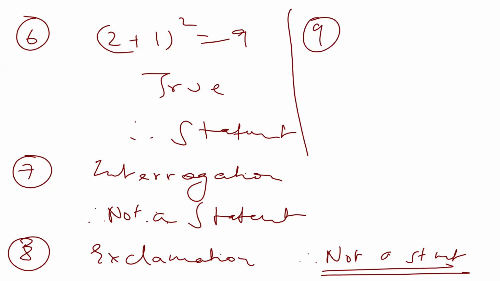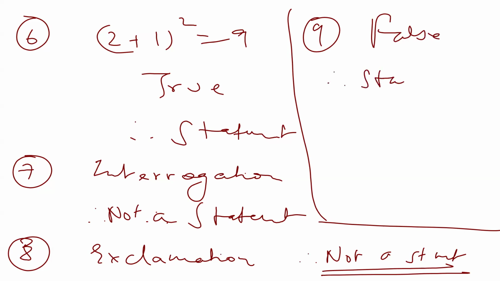9. The square of any odd number is even. False. Therefore, statement. Even if it is false, it is a statement.